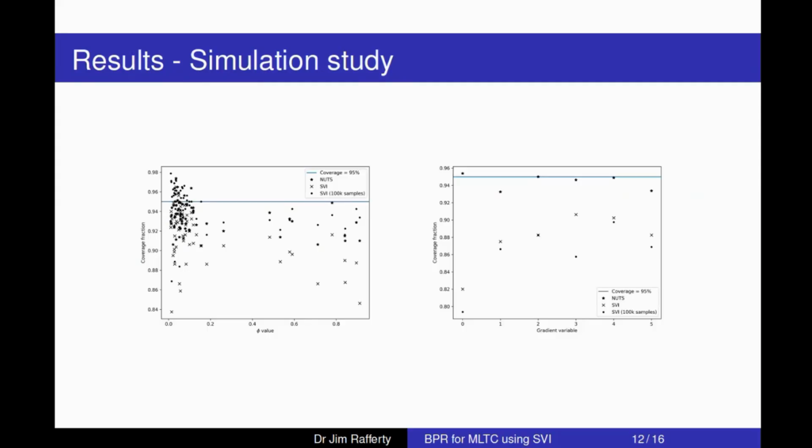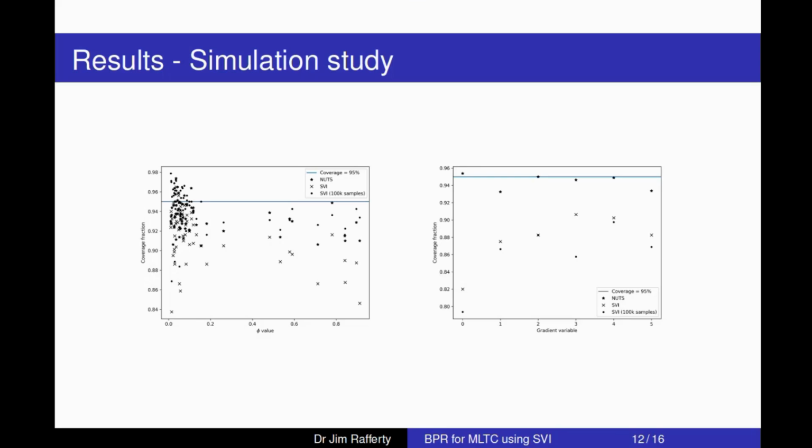So what I'm going to present now is some results. Firstly, I'm going to talk about results from a simulation study that we ran. These plots are a little bit busy, but they'll become clear as I describe them. Both are plots of the coverage of some parameters. On the left, you have the coverage of what's labeled the phi value. Phi is a probability parameter in the mixture sector of the model.